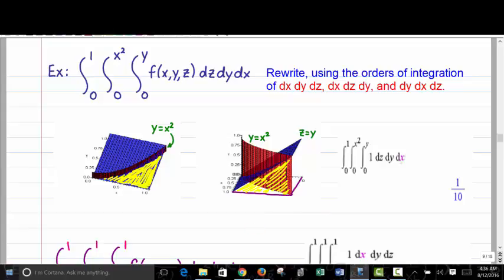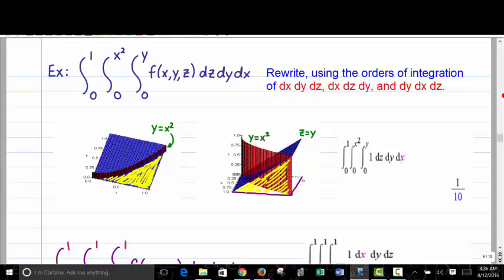Just to check what I'm doing, obviously this problem didn't really have a calculation, but I just put 1 in there, which means I'm finding the volume of that region. I put 1 in here of the original problem and got 1 over 10, so that means any order I come up with, when I put 1 in there, I need to get 1 over 10.